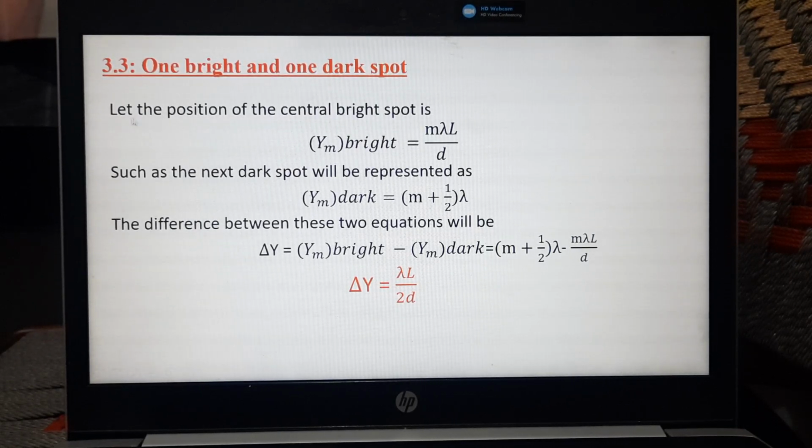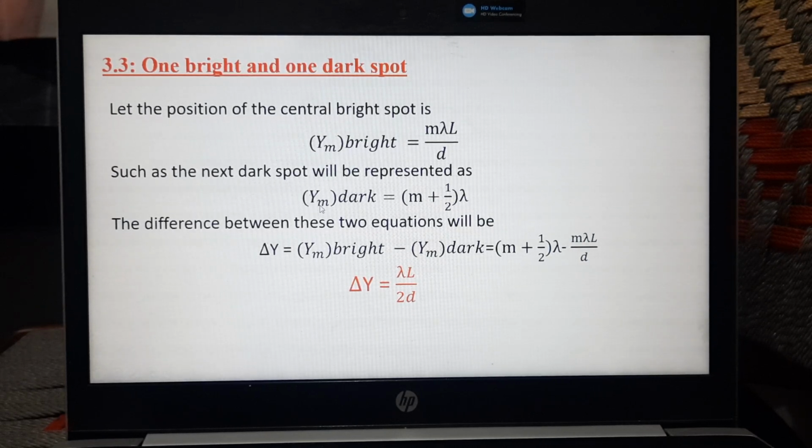For this purpose, suppose the central spot is the bright one, such that it will follow the condition of constructive interference, and let's suppose that the next spot is the dark one, and that is m plus half lambda, following the condition of destructive interference.